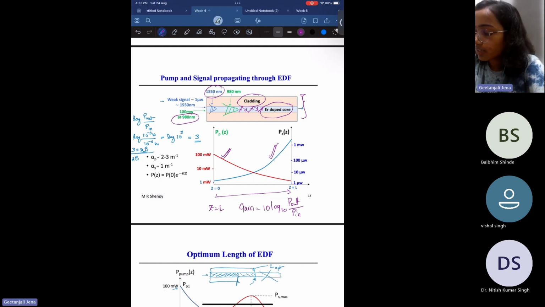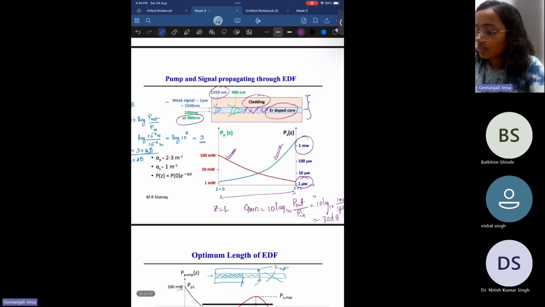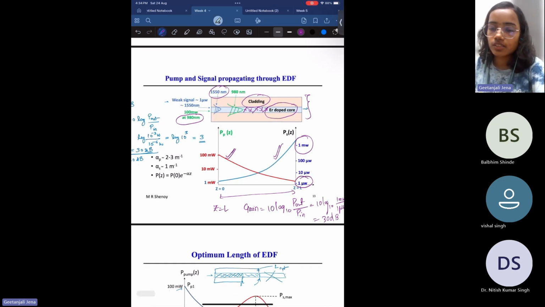So the output power at z equal to L is 1 milliwatt, and the input power is 1 microwatt. So that means the gain will be 10 log10 of 1 milliwatt divided by 1 microwatt, which, if you calculate it, comes out as 30 dB. Okay. So this is how you can calculate the gain in a medium when you are given the input and output power.